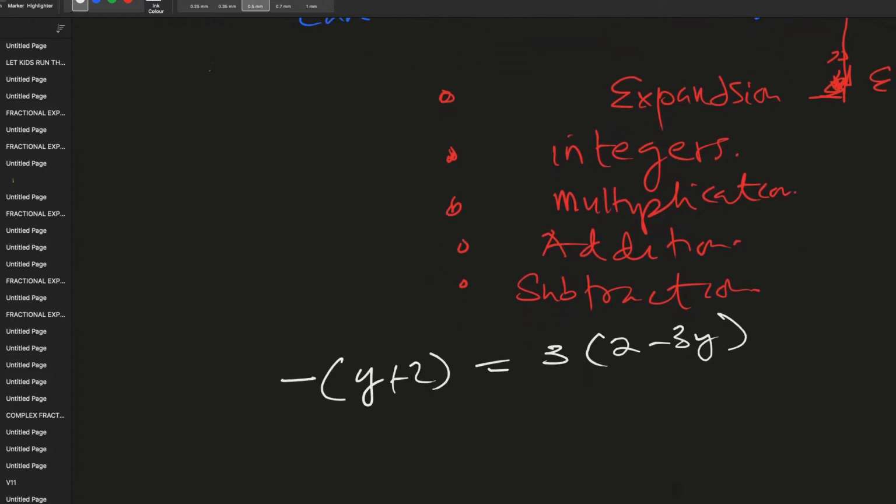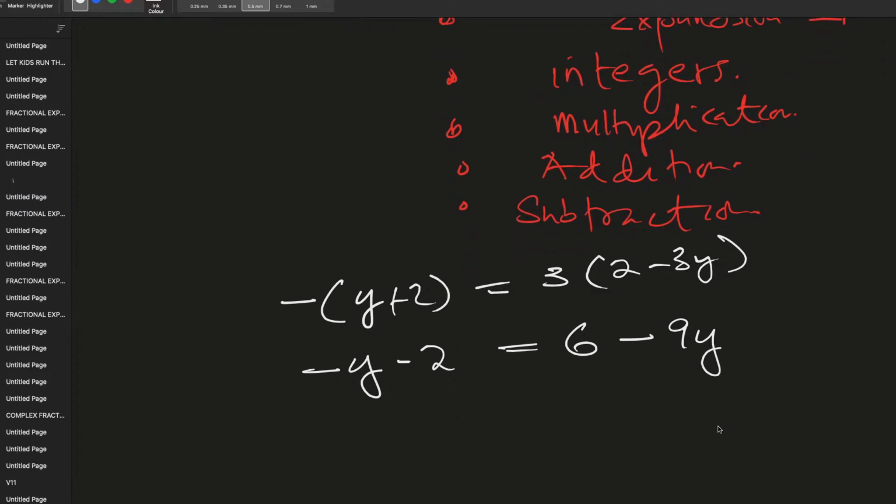Friends, so this is easy. When I multiply through by negative, I'm going to get negative y, negative 2. Then here will be 6 minus 9y. Oh friends, it has become so easy. So I'm going to group the like terms.